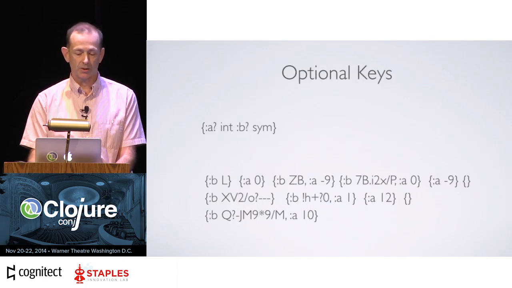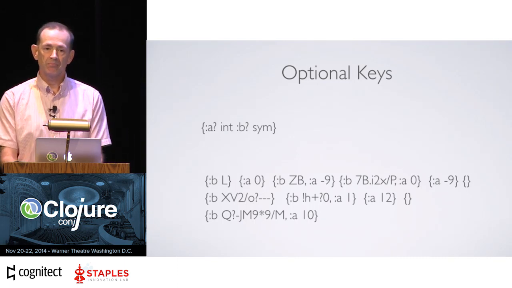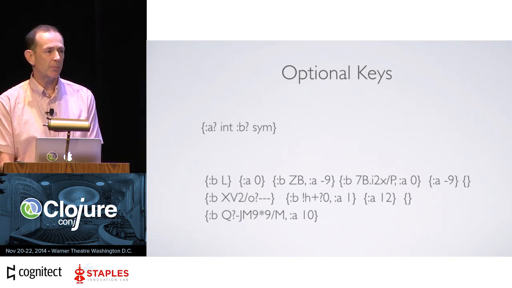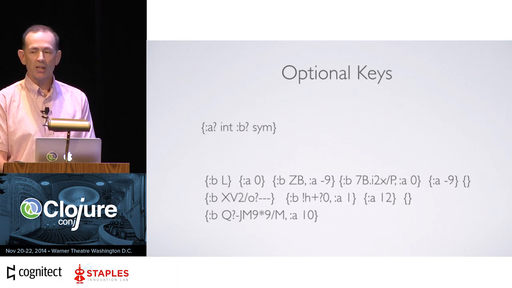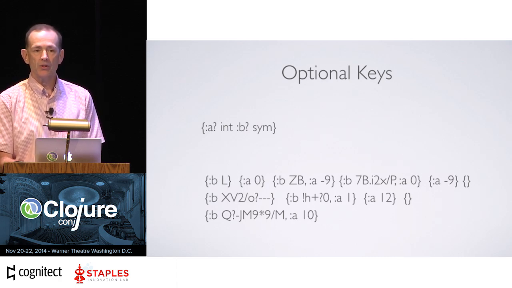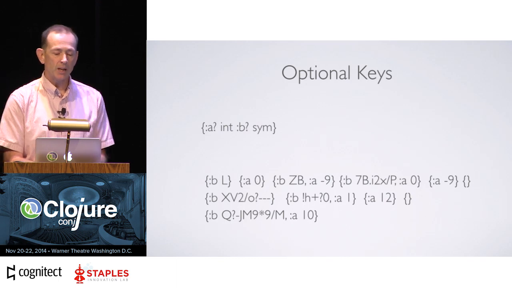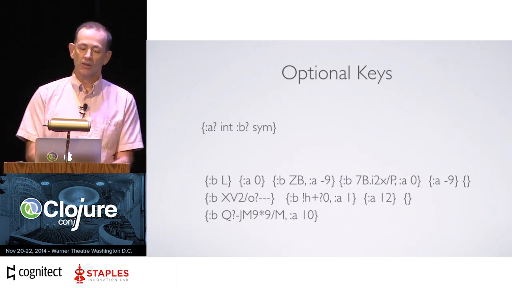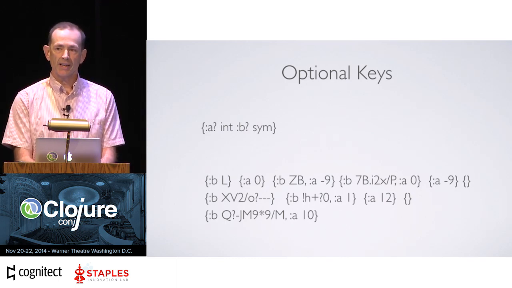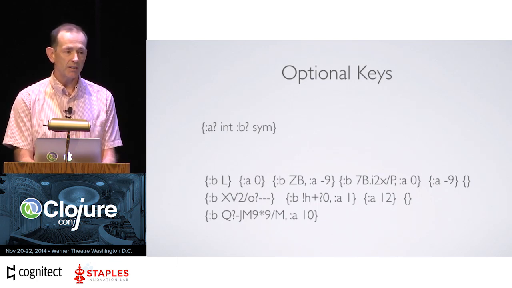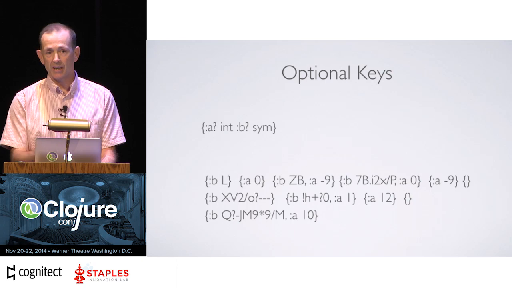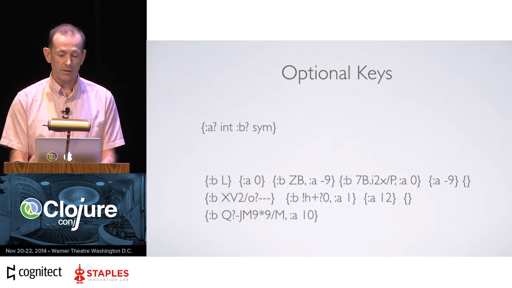Then there are a couple of other kinds of schema representations that might be easier to use for creating your generators. In this case, we have a couple of optional keywords. When we get optional keywords, you can think, okay, some of our data will possibly have the :A, it might not, it might have the :B, or it might have neither of them.